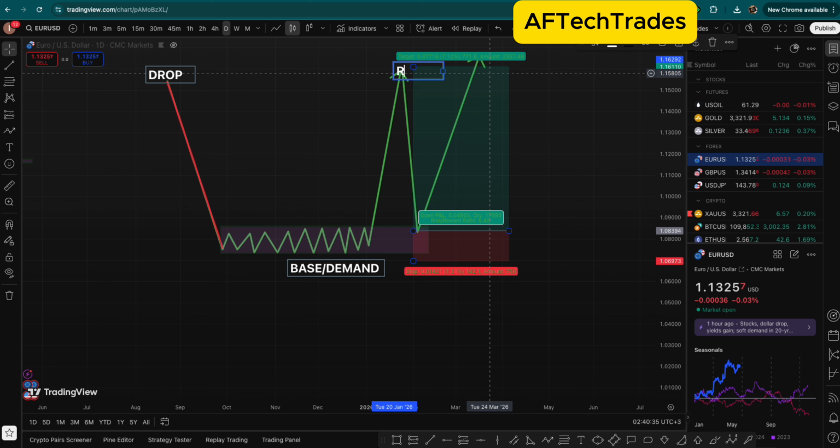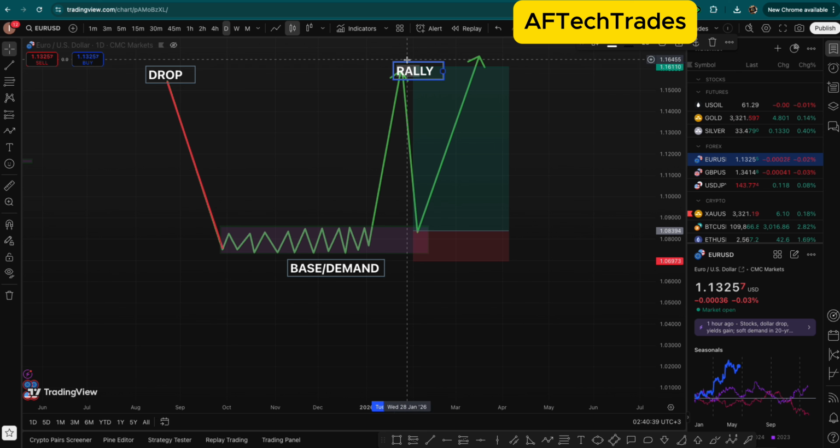So here is our rally. I hope you get this concept. Here is the base. There's a drop, there's a base where the market consolidates, and there's a rally. That's a strong buy. I hope you get it.